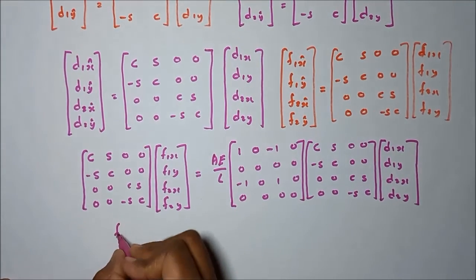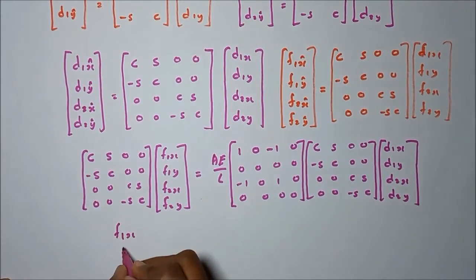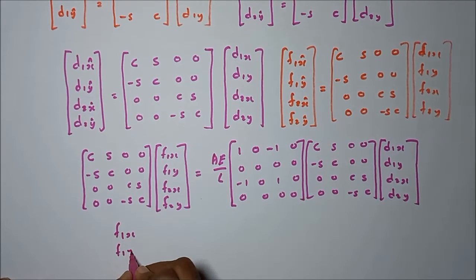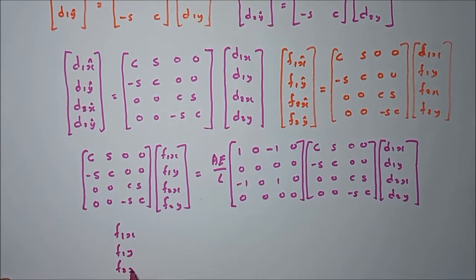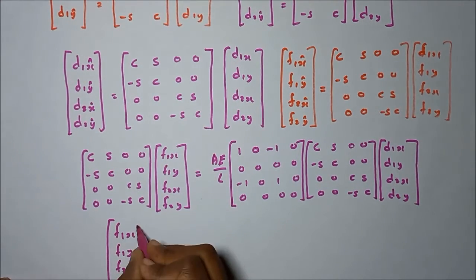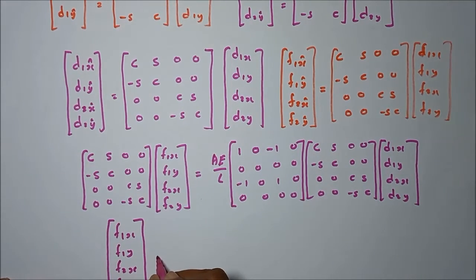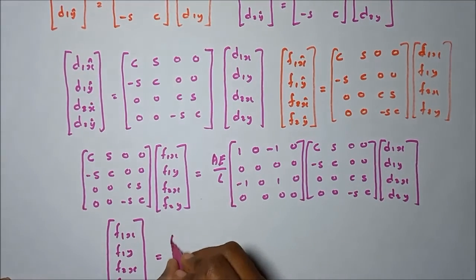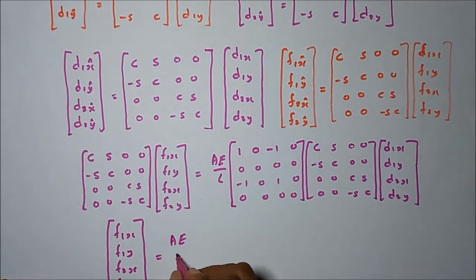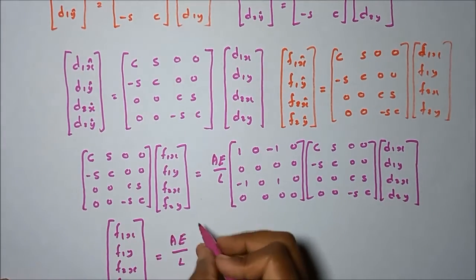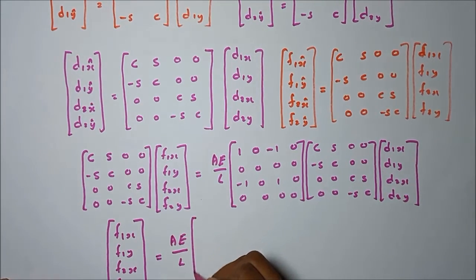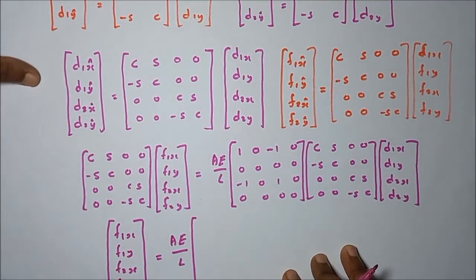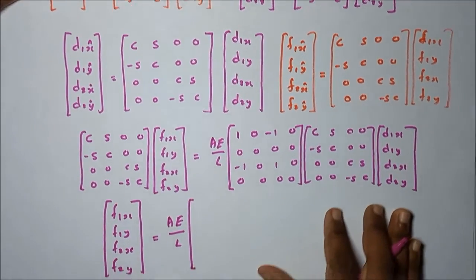On the left-hand side we are left with f1x, f1y, f2x, f2y, and both sides we multiply with the inverse of this matrix, AE divided by L, so the inverse of this matrix on the right-hand side also.